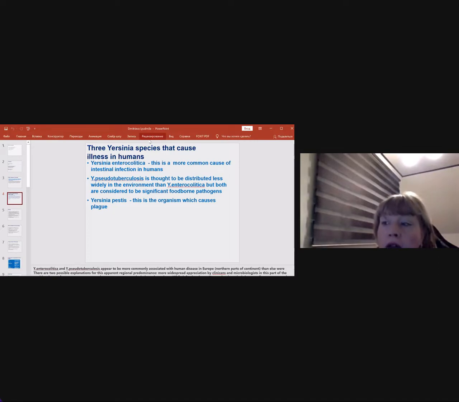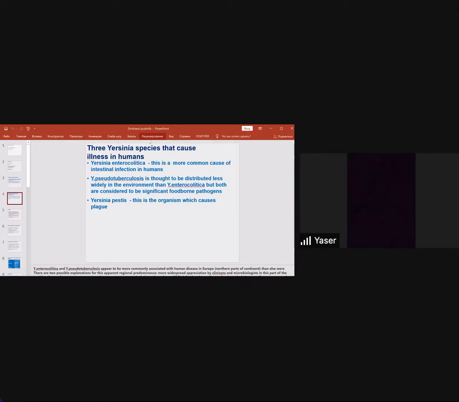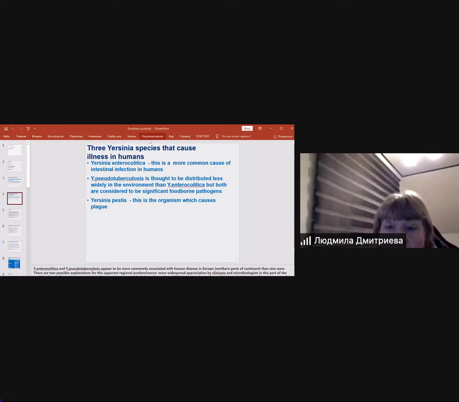And the growth of many bacteria species is possible only at this temperature, the temperature of our body. But Yersinia species like low temperatures. And they may not only be stored in the refrigerator, they may multiply in the refrigerator.